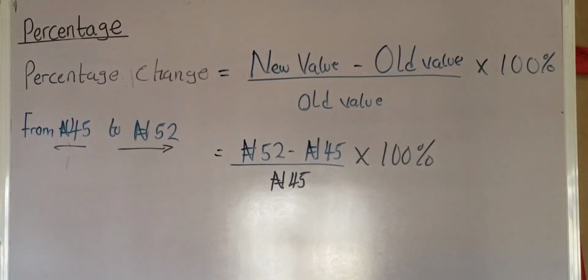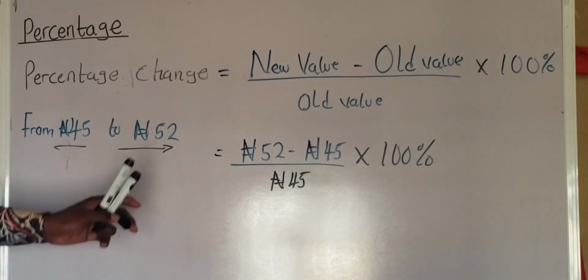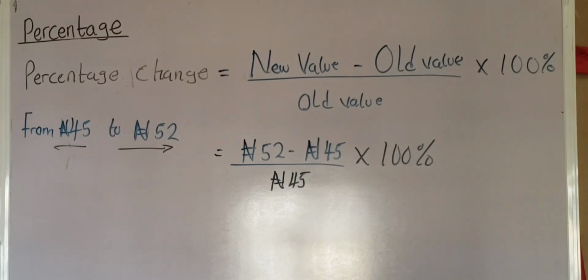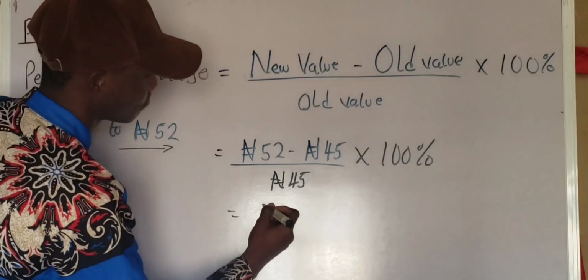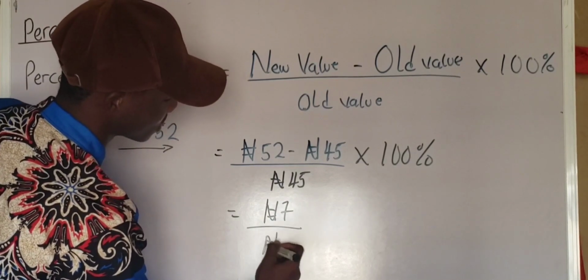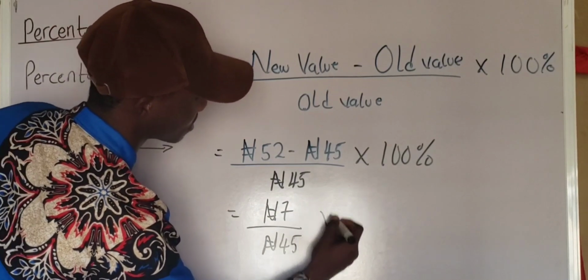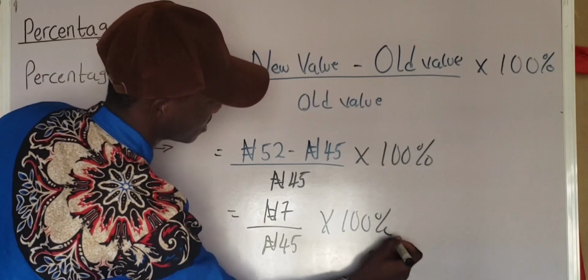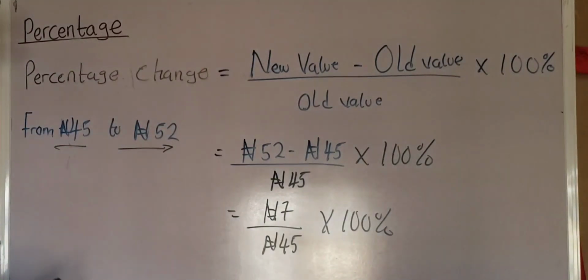If you didn't understand, reverse and watch the explanation again. Okay, now what's the difference of 52 naira and 45 naira? The difference is 7 naira. So for this, we are going to have 7 naira all over 45 naira multiplied by 100%. Okay, now we cancel the naira.